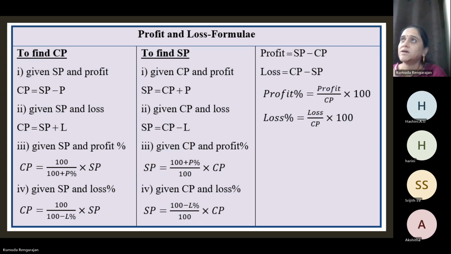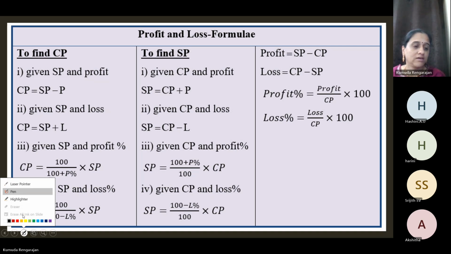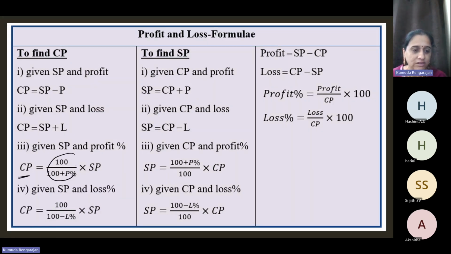So if you're writing the formula to find CP, CP is equal to 100 in the numerator by 100 plus profit percent or 100 minus loss percent into SP. CP is equal to a fraction multiplied by SP.